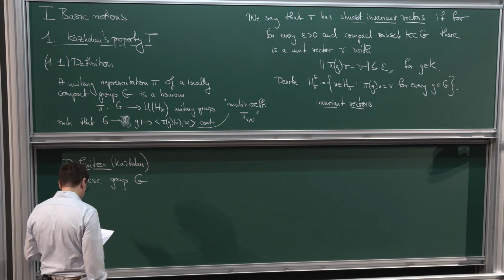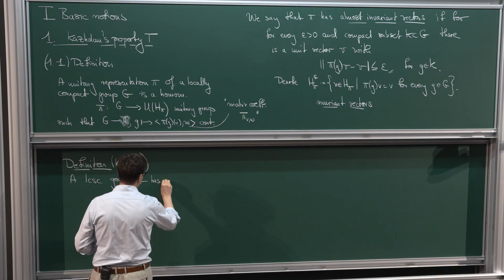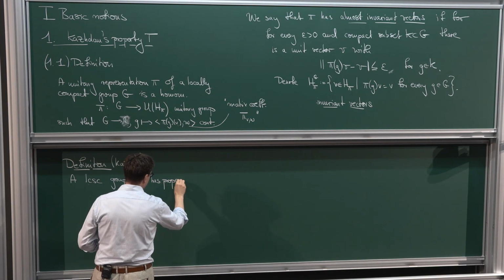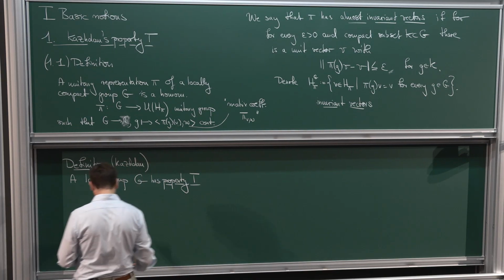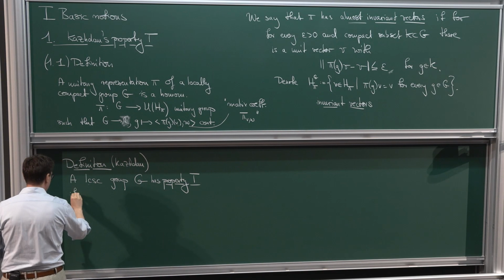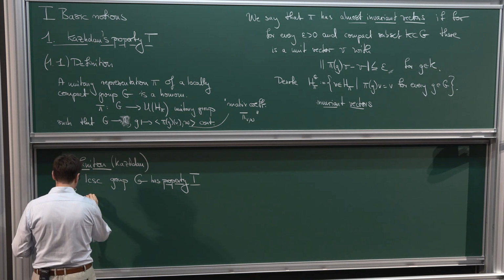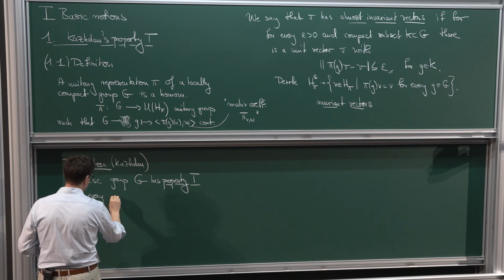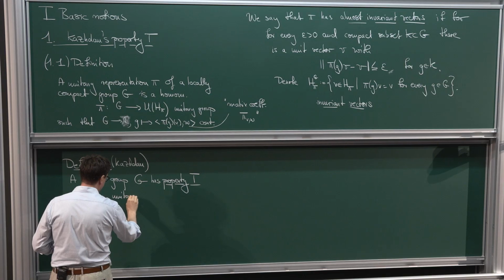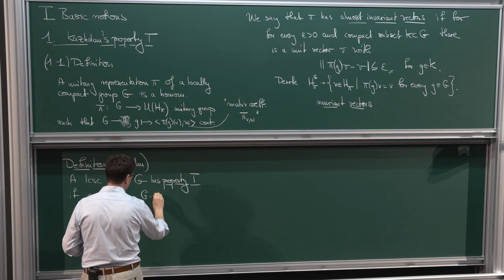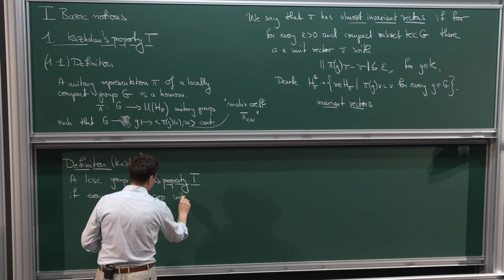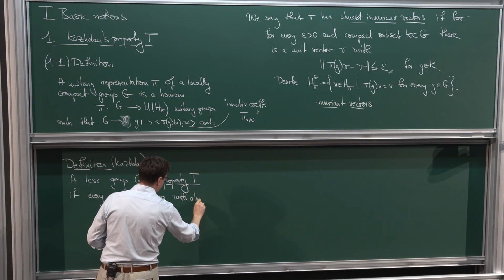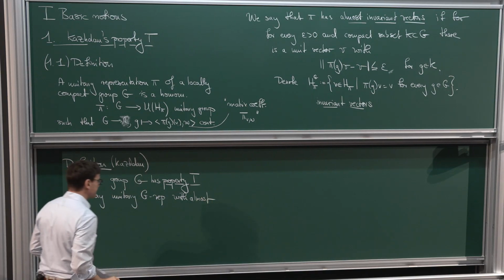So a group G has property T if every unitary G representation with almost invariant vectors has actually an invariant vector.